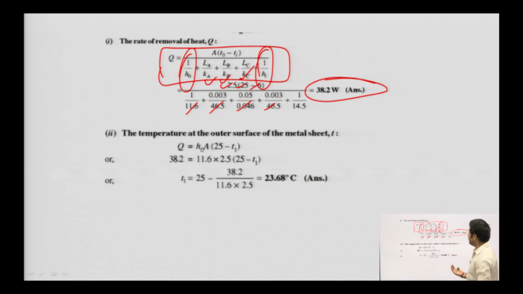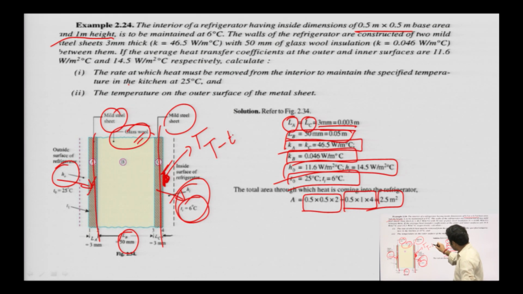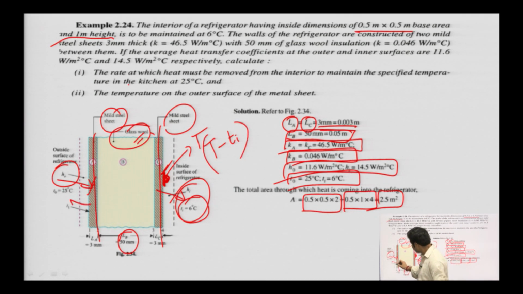Now, the temperature at the outer surface of the metal sheet is nothing but convection. You can calculate it by convection. Suppose there is a temperature T at the external surface, so it will be T minus To.